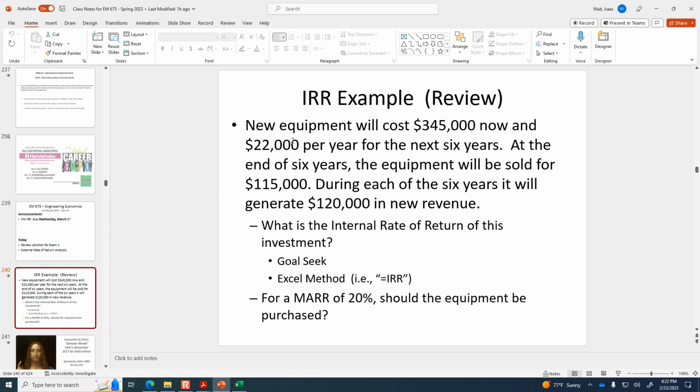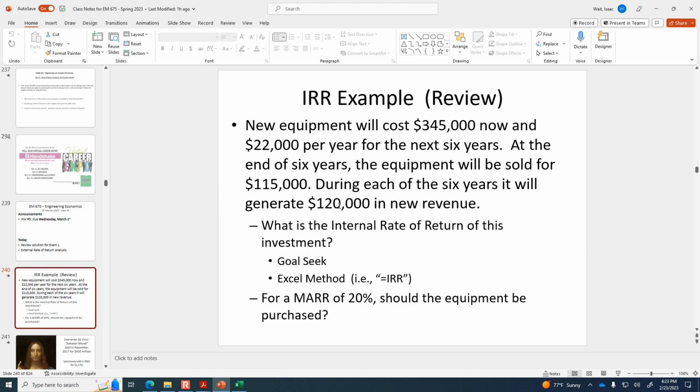And then it is going to be sold at the end of 6 years for $115,000. But before then, we get $120,000 in new revenue each year. So this annual series is $120,000. And then there's the single lump sum F for the salvage value, the sale of $115,000.